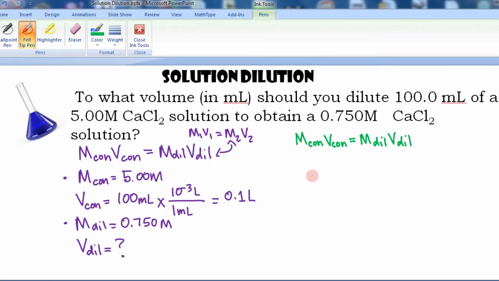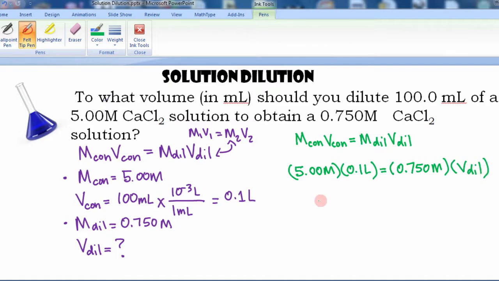And we can say that we have 5.00 molar times 0.1 liter is equal to 0.750 molar times what we're looking for, the volume of the dilute.